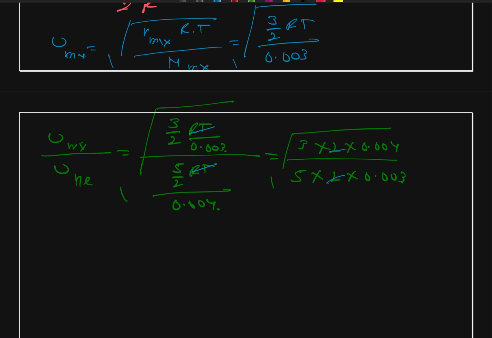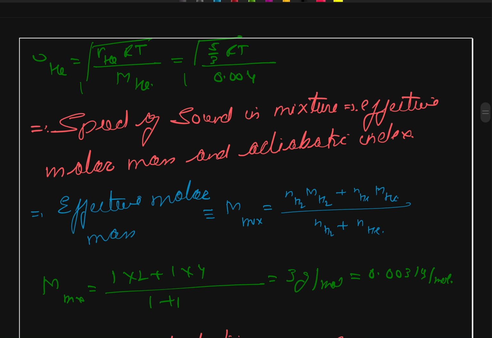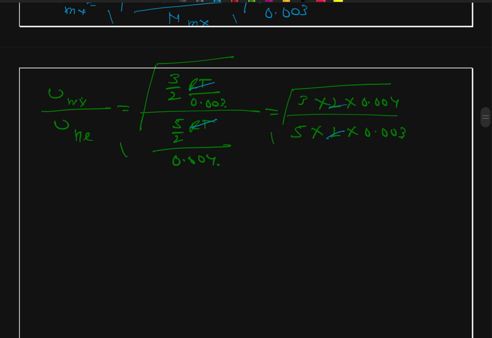One second, something is missing. Five by 3 for helium, I think. Yes, this is missing. This is 5 by 3, and this comes as 3 and this comes as 2.